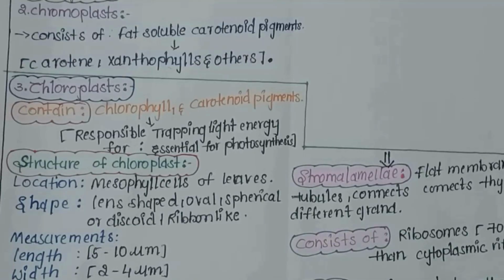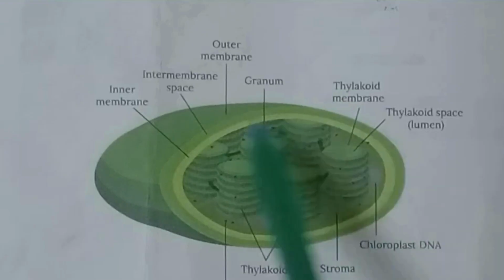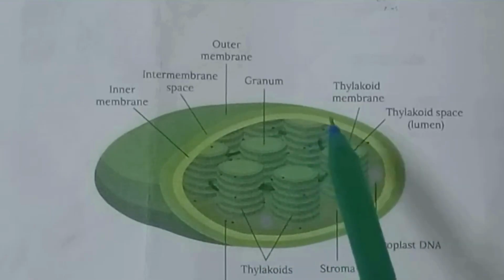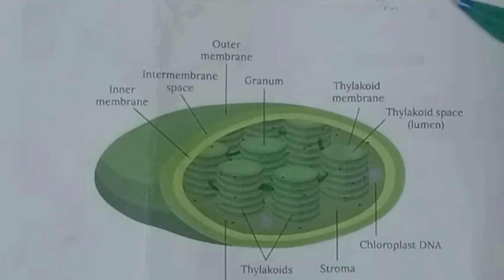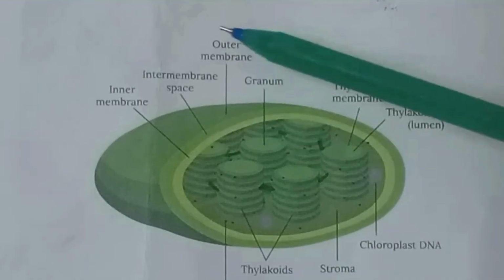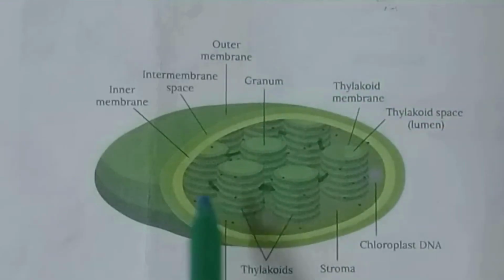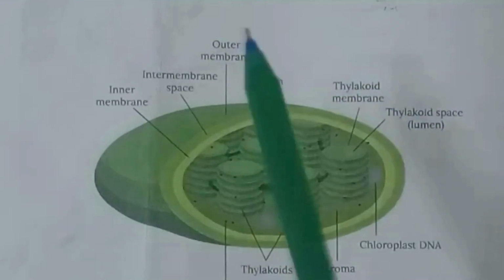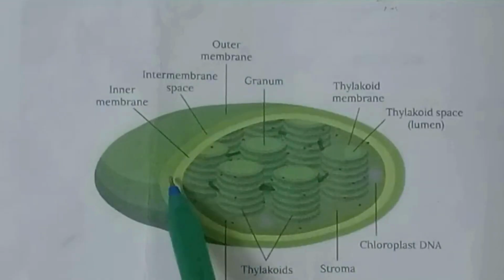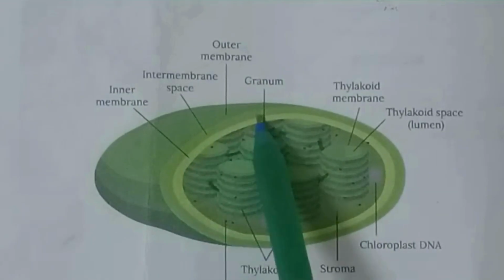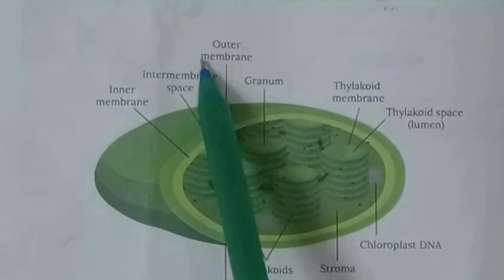Let's discuss the structure of chloroplast with the help of a diagram. Here, the chloroplast is a double membrane organelle which consists of 2 membranes, the outer membrane and inner membrane. Between the outer and inner membrane, there is a space known as the intermembrane space.